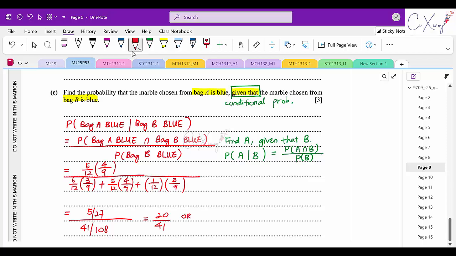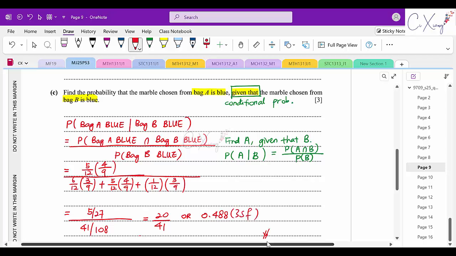Or if you don't want, you can keep it to 3 significant figures, which is 0.488. And this is how we solve question number 5.